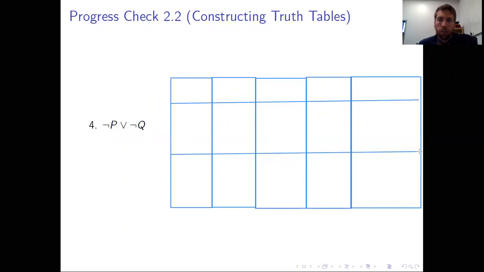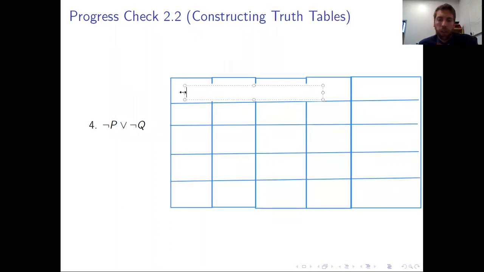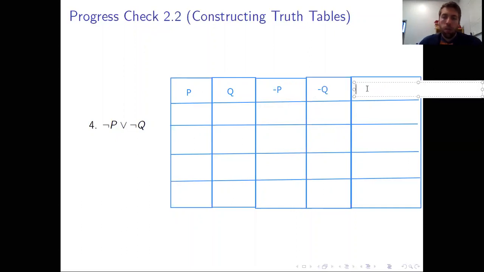Divide this in half. Up here will be P, up here will be Q, this will be not P, this will be not Q, and this will be not P or not Q.